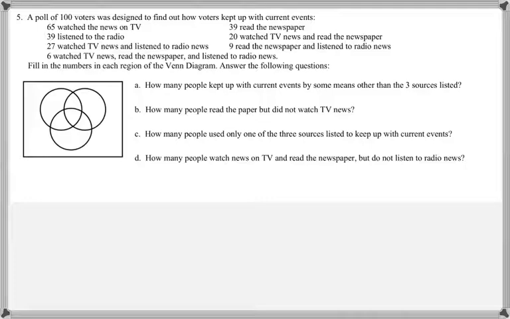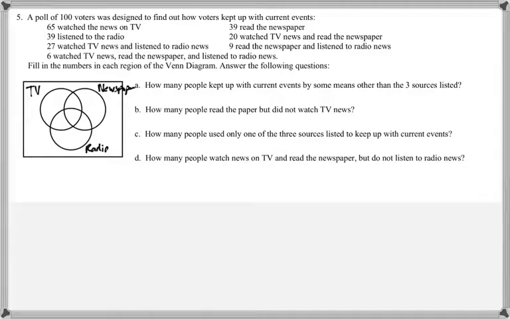Fill in the numbers in each region of the Venn diagram, and then answer the following questions. So I'm going to put the TV on the left, the newspaper on the right, and the radio on the bottom.